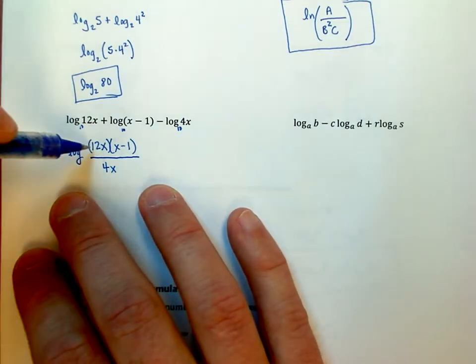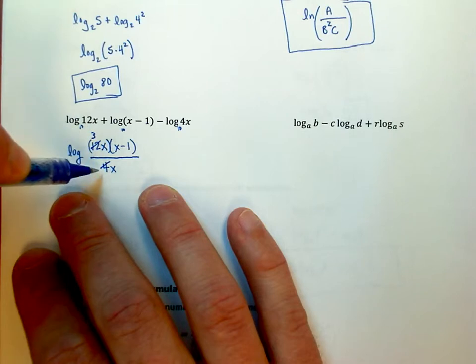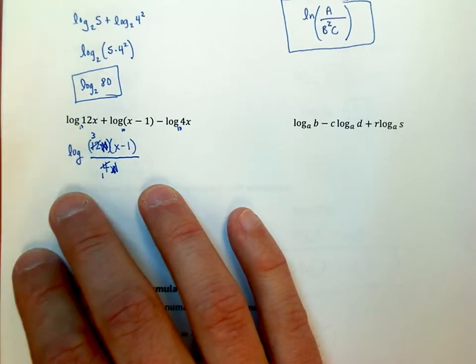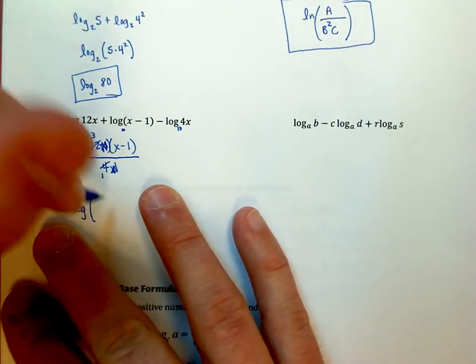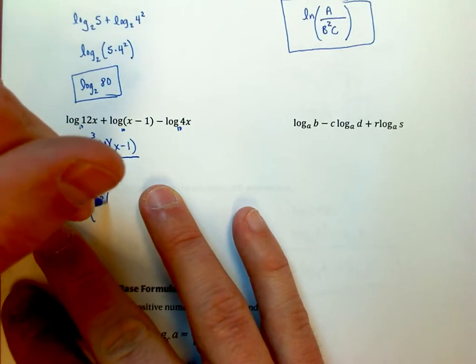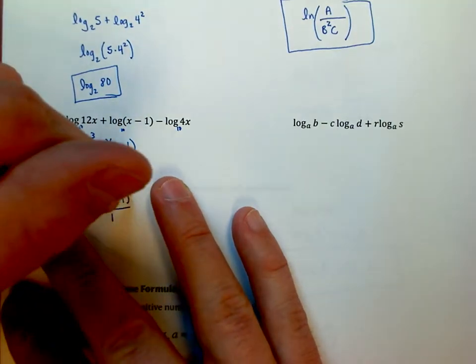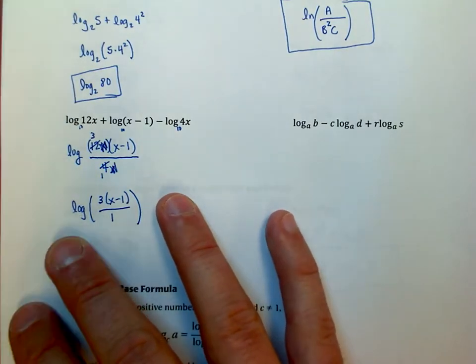And I see that I have a 12 times an x minus 1 on top. The 12 and the 4 can reduce to 3 over 1. And the x's would go away completely. So I'm really left with then the log of 3 times the quantity x minus 1 all over 1. And if that's the case, then why would I even write the 1 on the bottom?